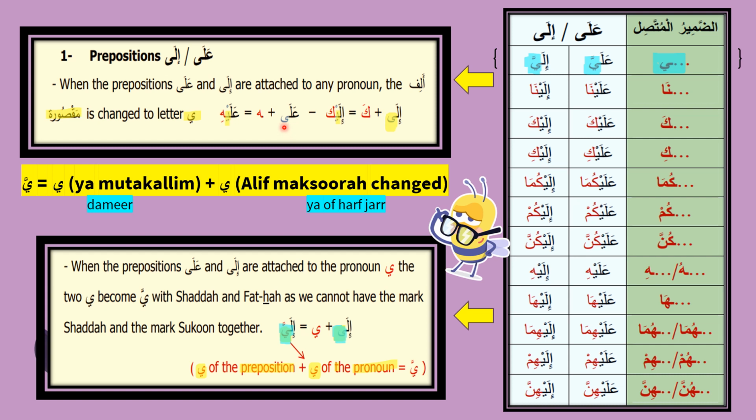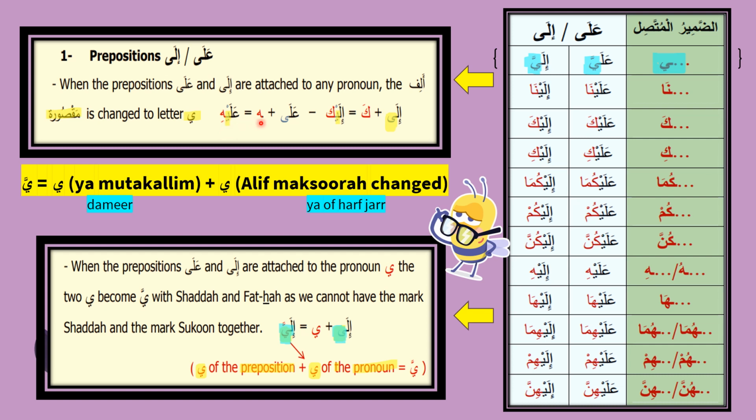You can see the alif makhsura in the blue is changed to ya. As soon as you attach the damir, the attached pronoun, whether it is hu or ha or any pronoun from noon, alif to ka, ki, kuma, kum, kunna till the end, the alif makhsura changes to ya and it gets attached with the damir.